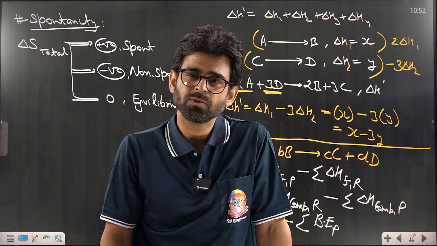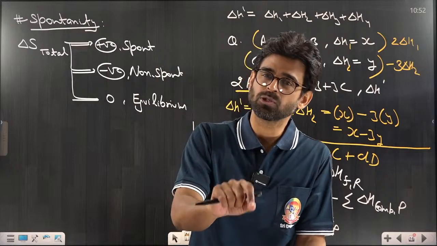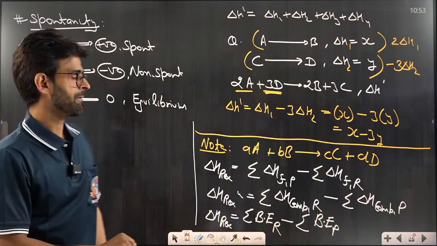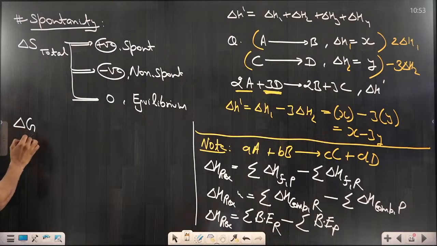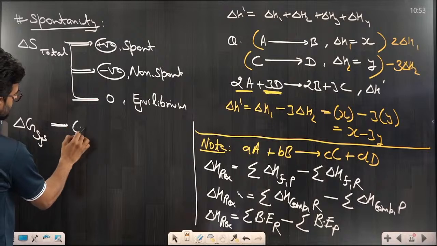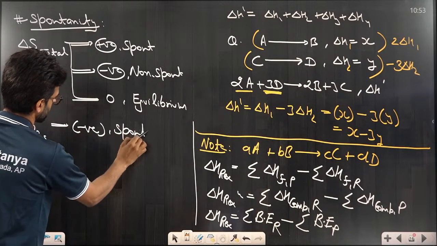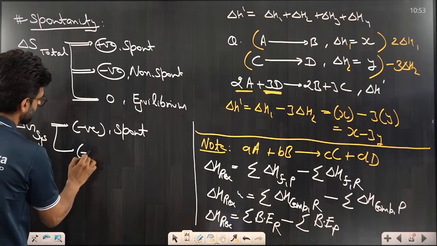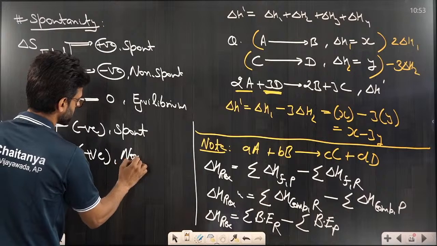But the issue is that to find delta S total, I need delta S of the system and also of the surroundings, which is a little tough. That's why we try to find delta G of the system. If delta G system is negative, then you can say the process is spontaneous. If delta G system is positive, you can say it is non-spontaneous.